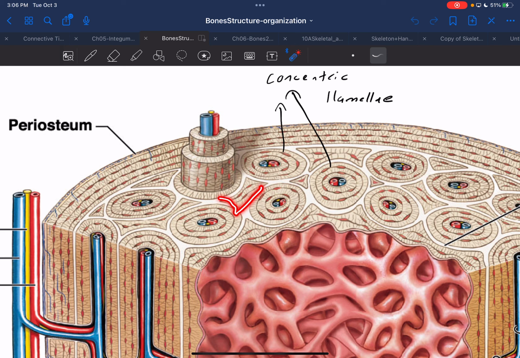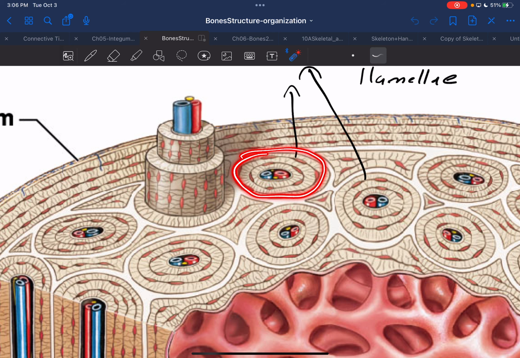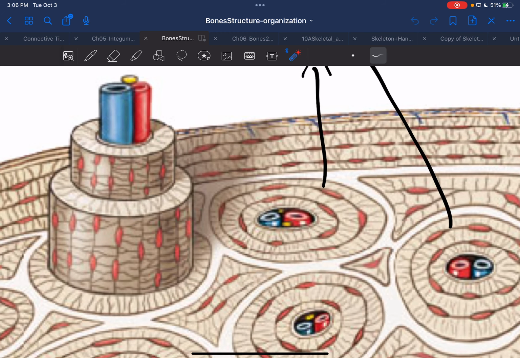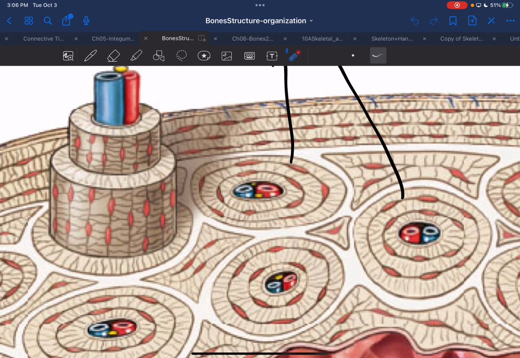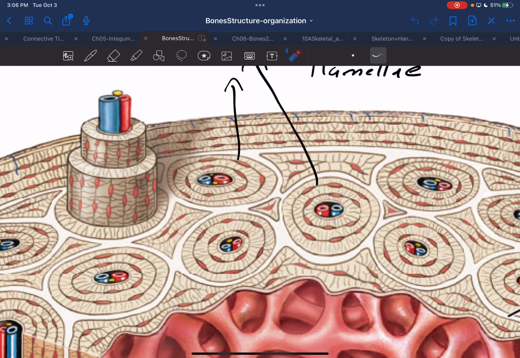The ones sitting in between the cylinders are interstitial, meaning in between the osteons. The ones surrounding the central canals, which have blood vessels, are concentric lamellae, like concentrating on a dartboard.